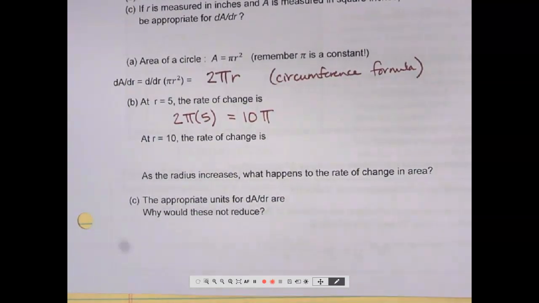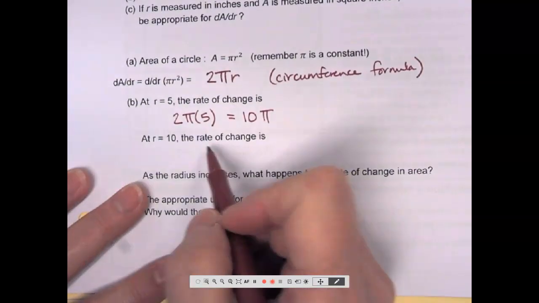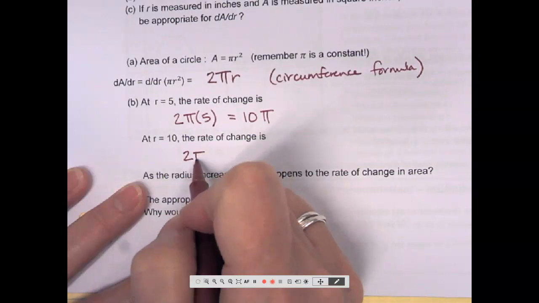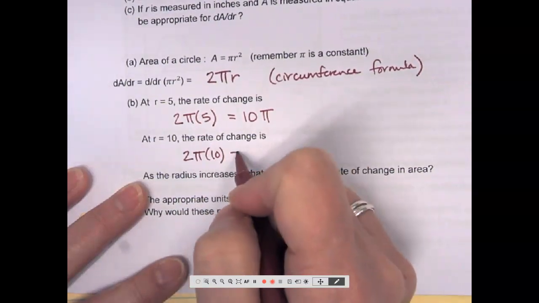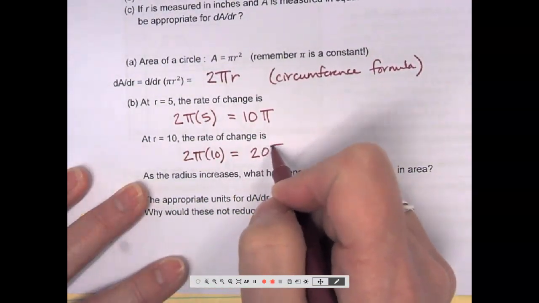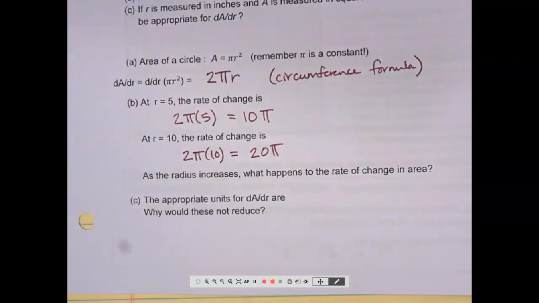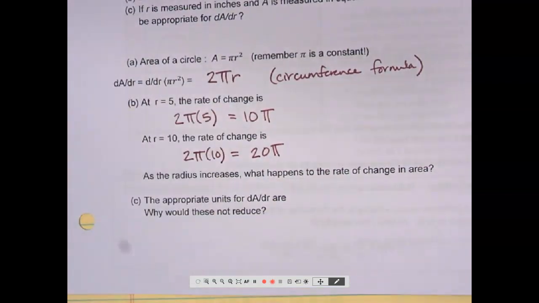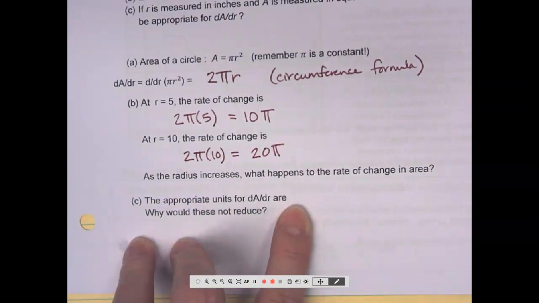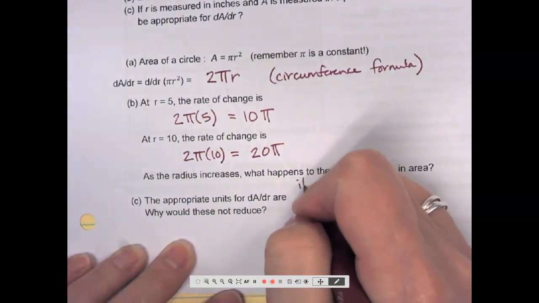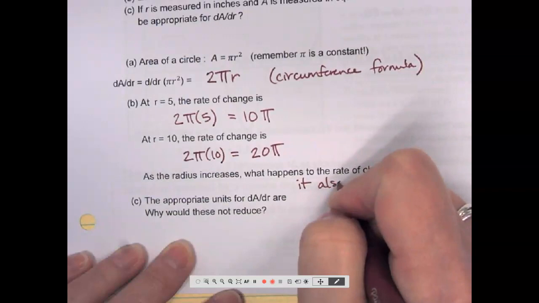Then when the radius is 10, the rate of change would be 2 pi times 10, which is 20 pi. So we doubled the radius, and we doubled the rate of change that the area is increasing, which makes sense. As the radius increases, what happens to the rate of change in the area? It also increases, which makes total sense.